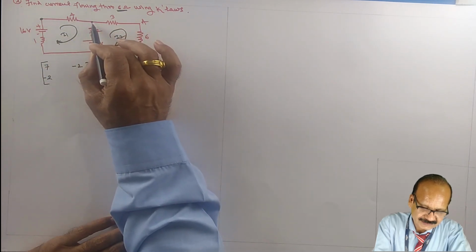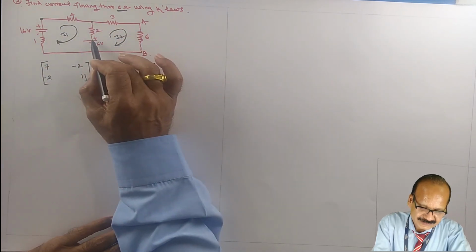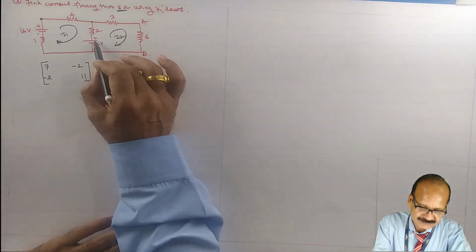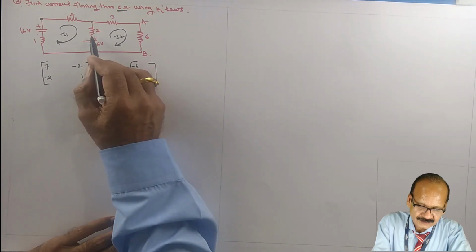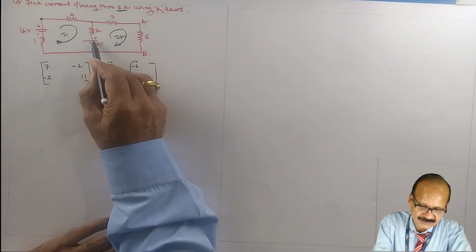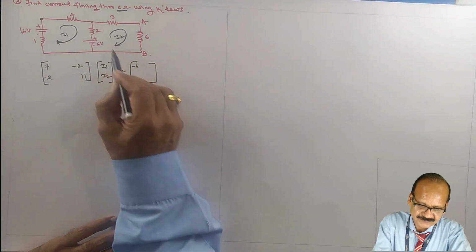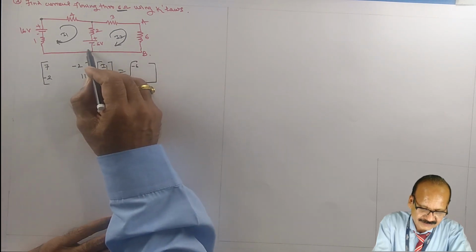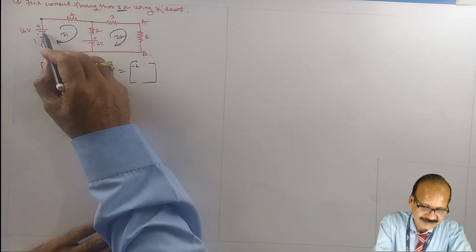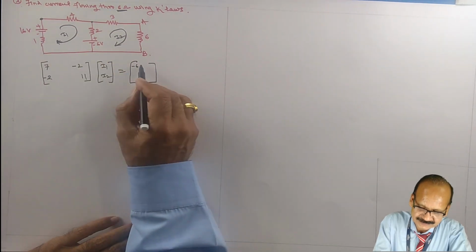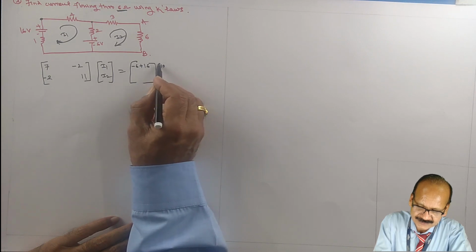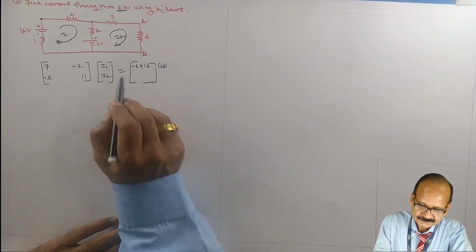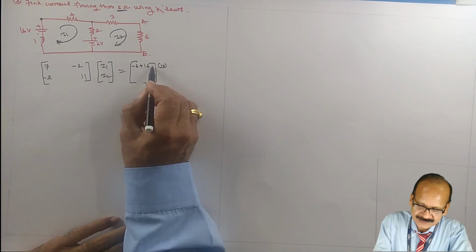See the direction: the current I1 is entering the positive terminal of the battery first. Therefore it is -6. Then go ahead and it is entering the negative terminal of the battery first. Therefore it is +16. So it is equal to 10.